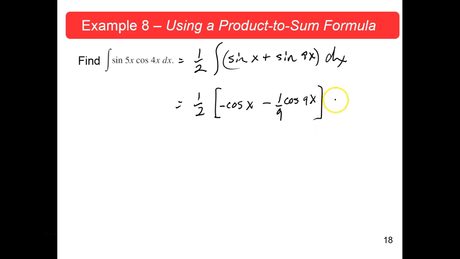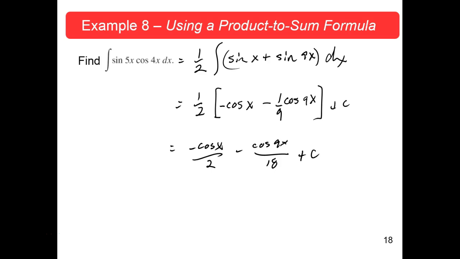And then you have your plus c. So this will be minus cosine x over 2 minus cosine 9x over 18 plus c. Now, that's how they wrote it last time, and that's how they do it this time too. I wasn't sure they were going to be consistent.